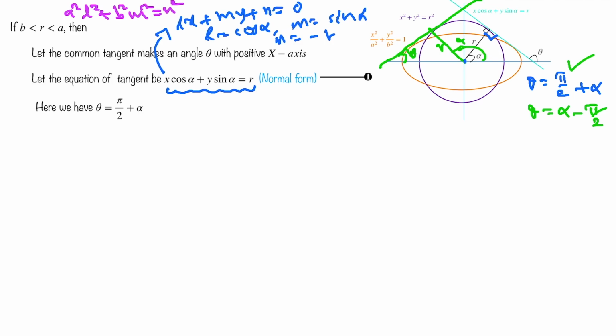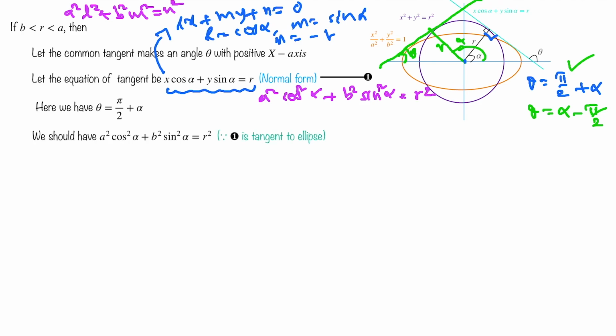That's why we should have here a square cos square alpha plus b square sin square alpha equal to r square, right? Since this one is also tangent to the ellipse.